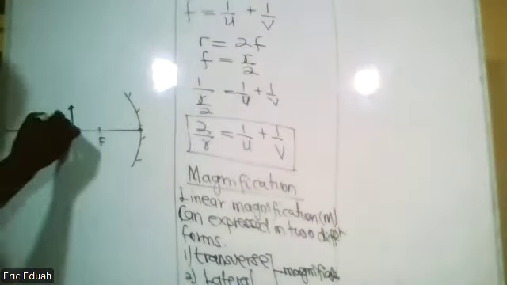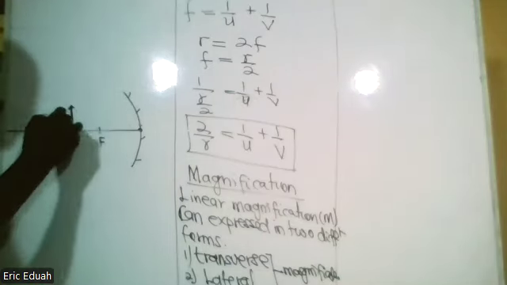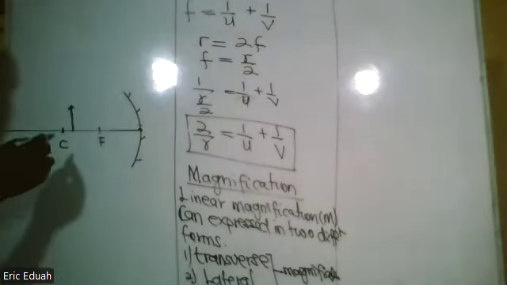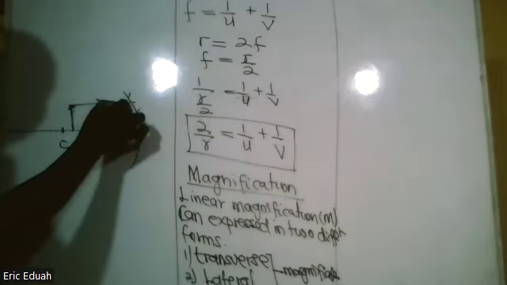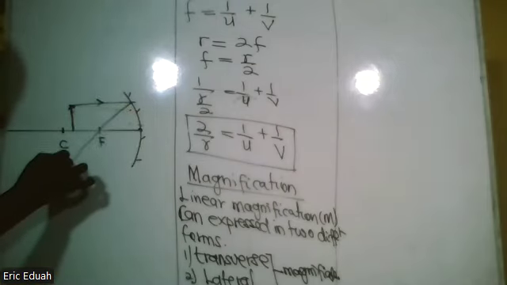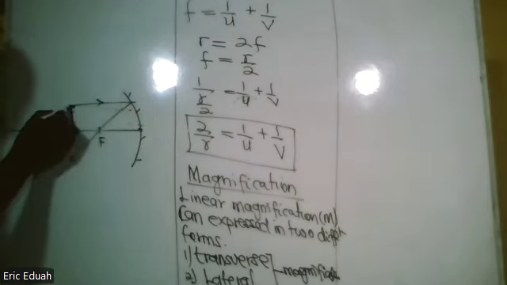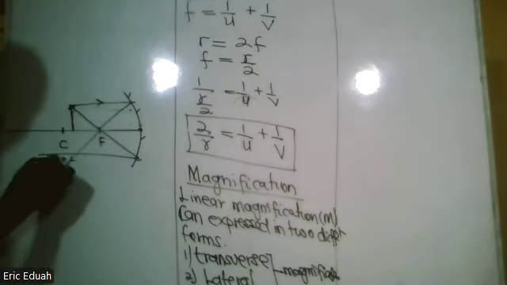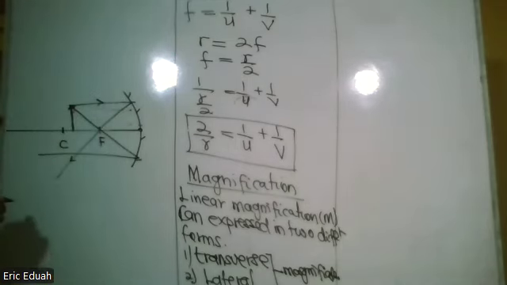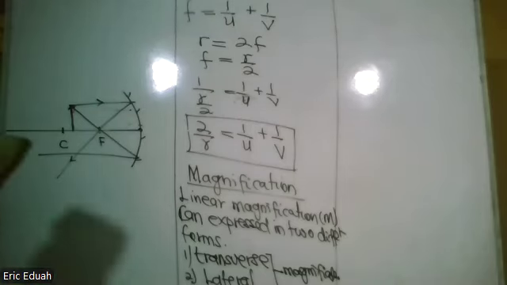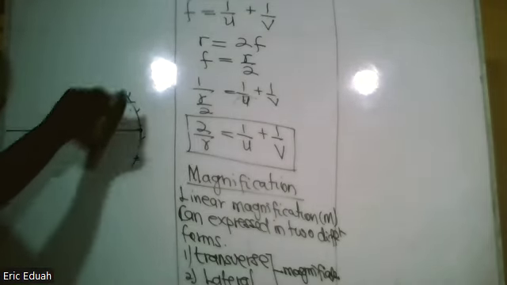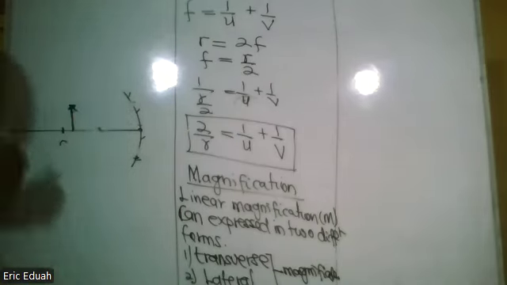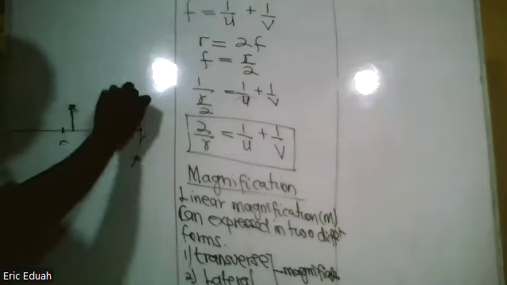All right. So when we place the object anywhere, we can get either a magnified image or diminished image. So I'm just applying ray diagram. A ray of light parallel to the axis after reflection goes through F. A ray of light passing through F after reflection must go parallel to the principal axis. I want to use a straight edge to get a proper image.